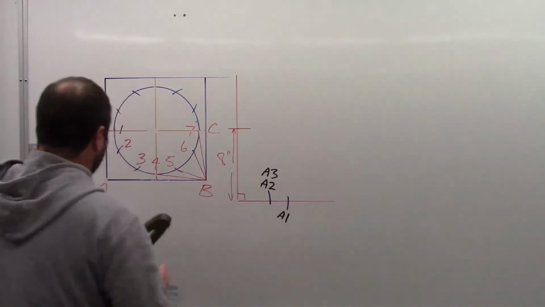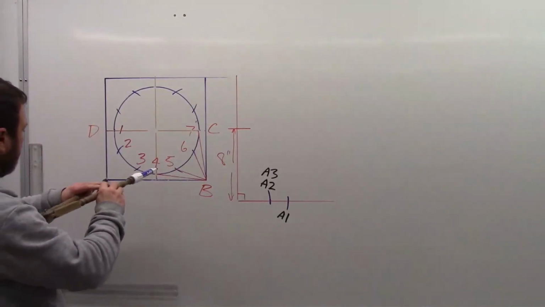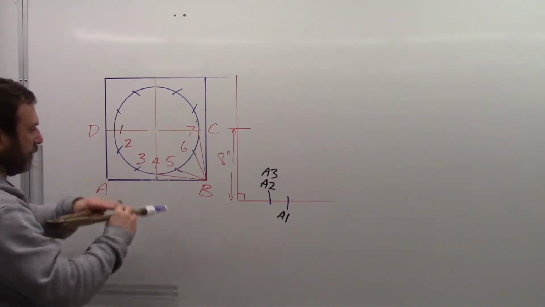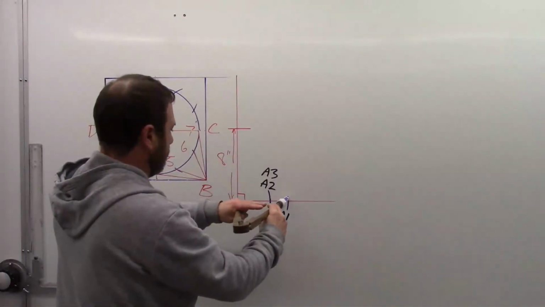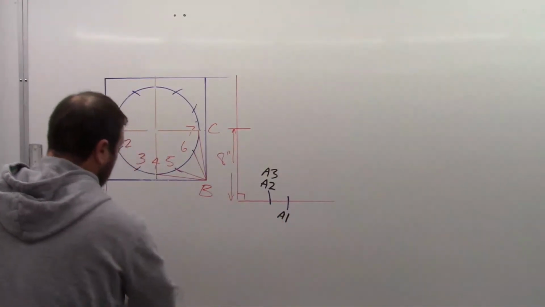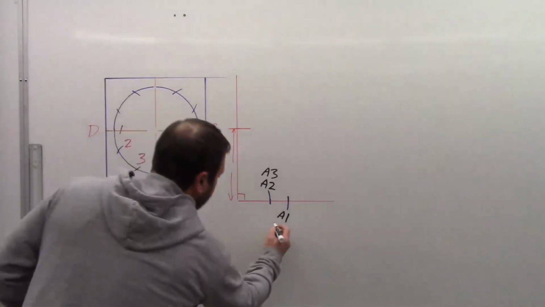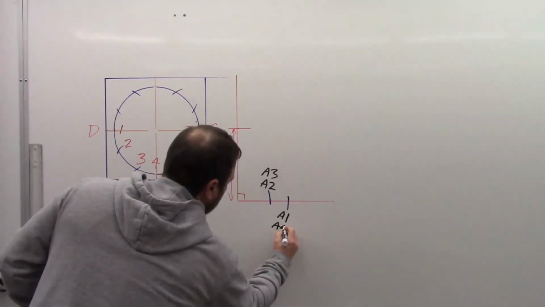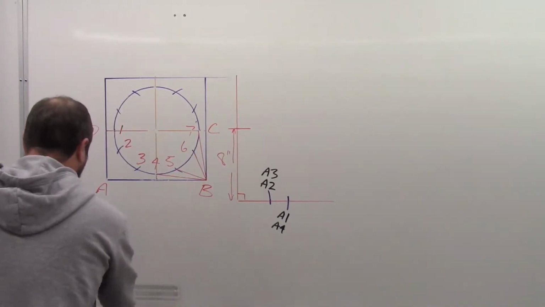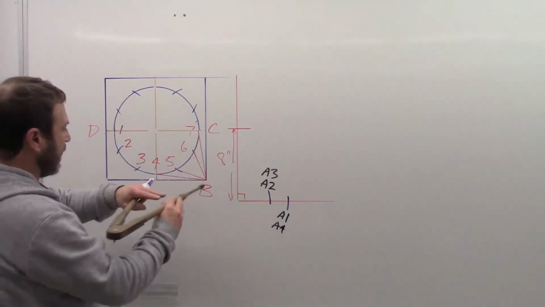But nonetheless, I'm going to label all of them. A4, same as A1. That's another repeat. Then we'll go from the B side, B4.